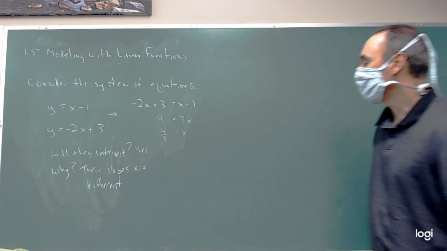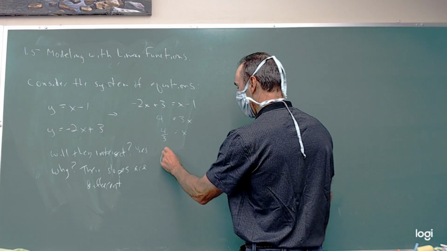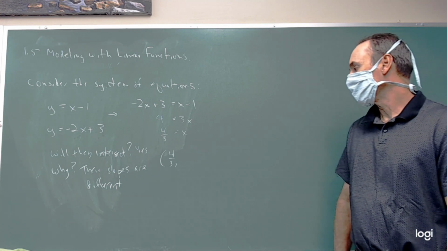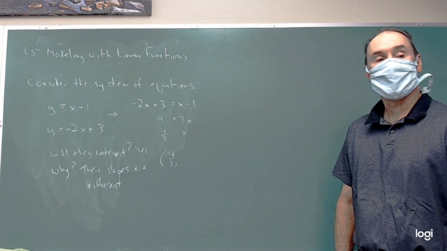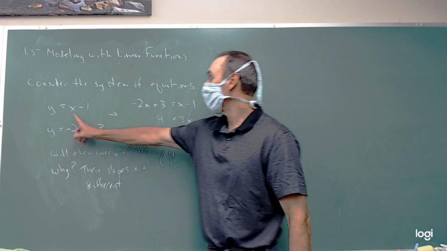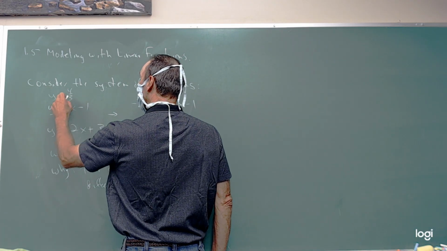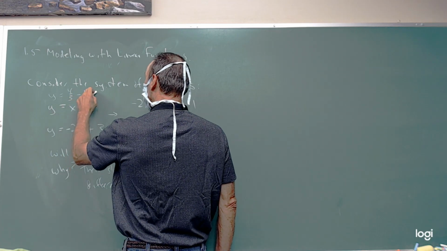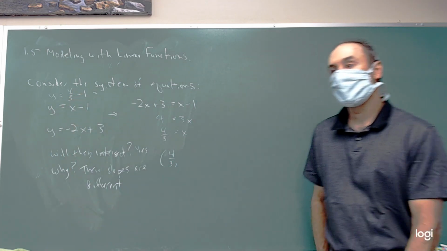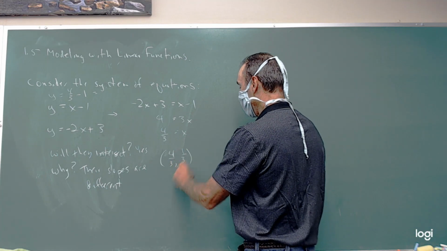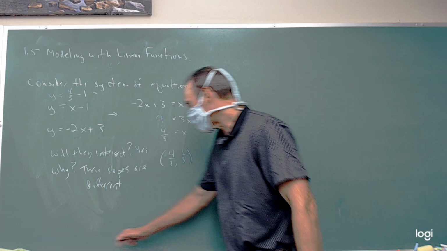Okay, and if we wanted then to find the y-coordinate of the point of intersection, then we can plug that into either one. So I think this one looks pretty nice. So if we go y equals 4/3 minus 1, and thinking of the 1 as 3/3, that's going to be 1/3.